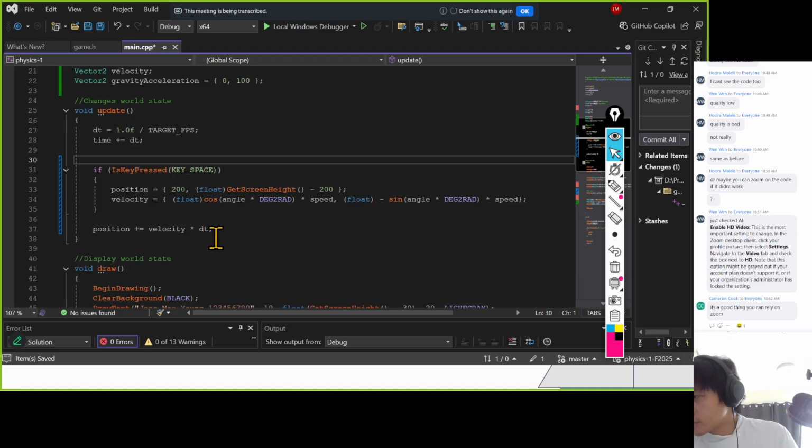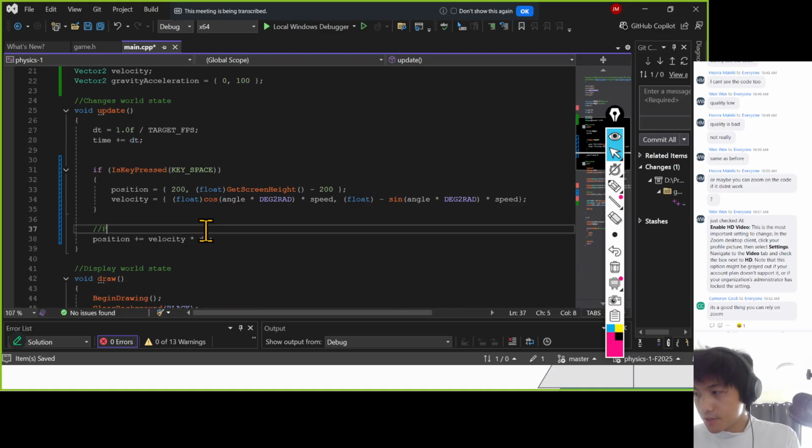So what does gravity do? Position is affected by velocity. So velocity changes position over time. Displacement is equal to velocity times time.